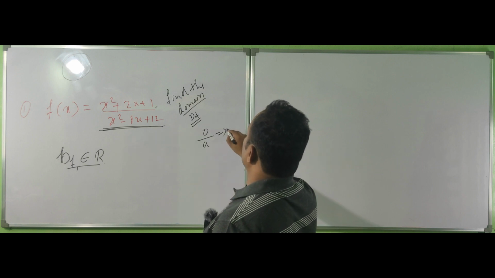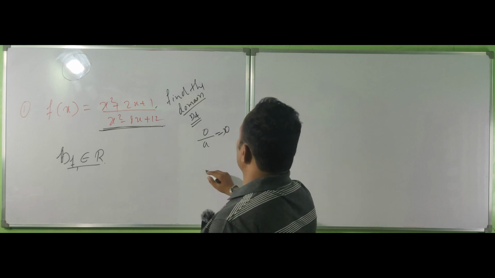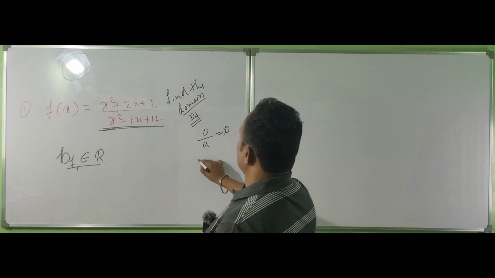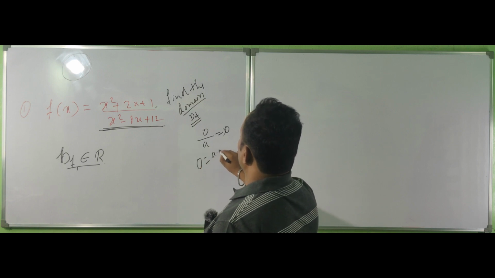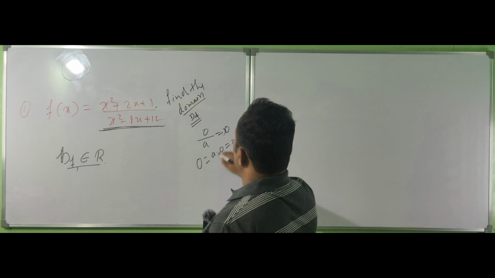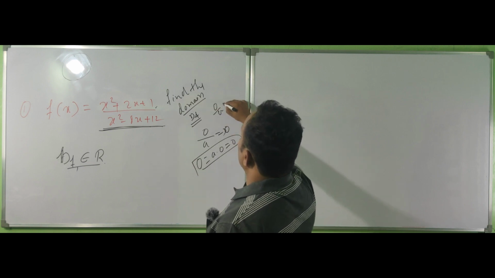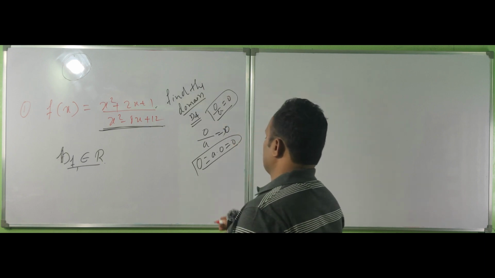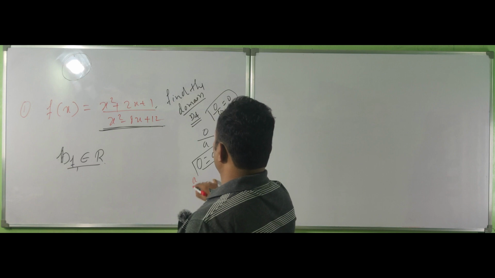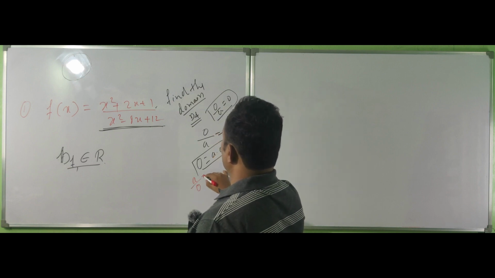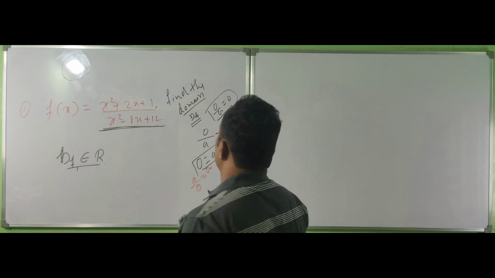You can write 0 into a into 0, this becomes 0. This is defined, which means 0 by a is equal to 0. And a by 0 is not defined. This is infinite or not defined.